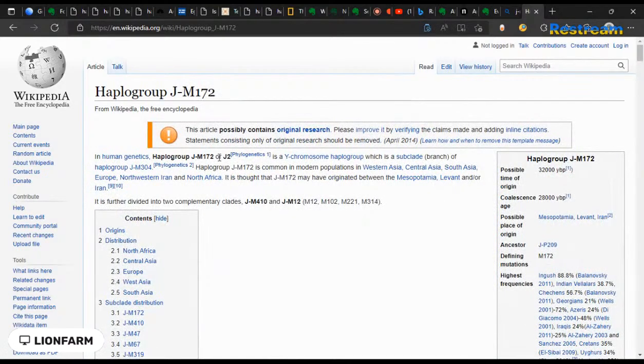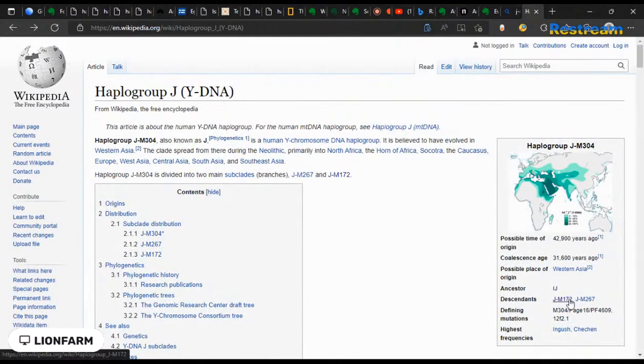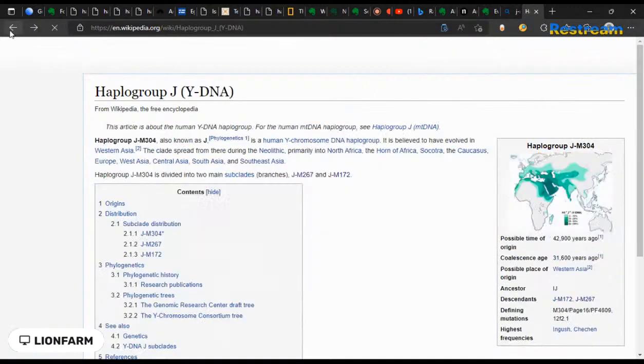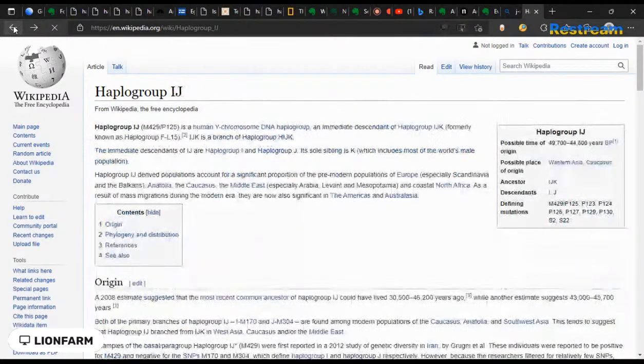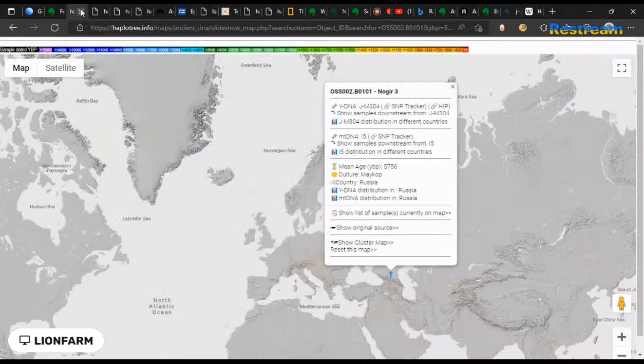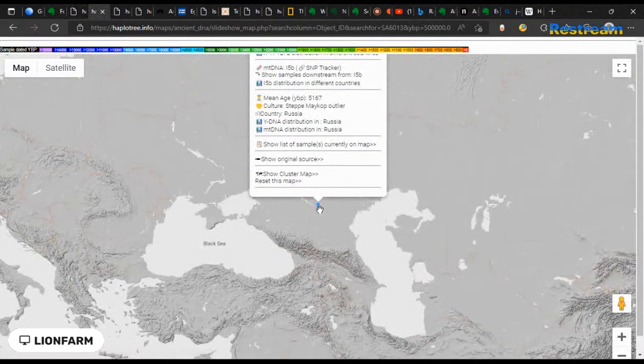So you can see your J2 right here. That's going to be your J2, and it's going to be your J1 right here. That's where your P58 comes from. So it's letting you know that the actual root of J, right, is stationed at the Caucasus. That's important. And notice the mtDNA. There are the same mtDNAs.